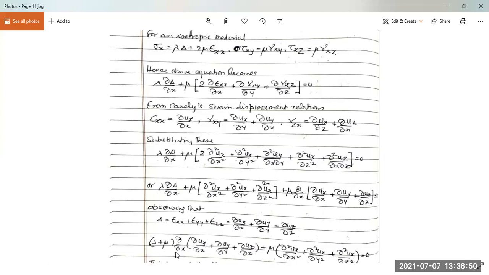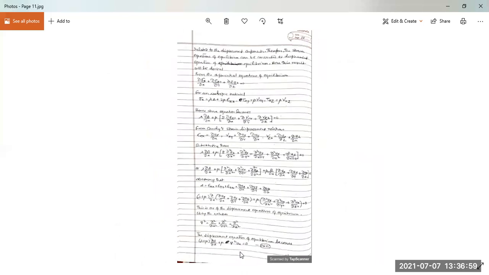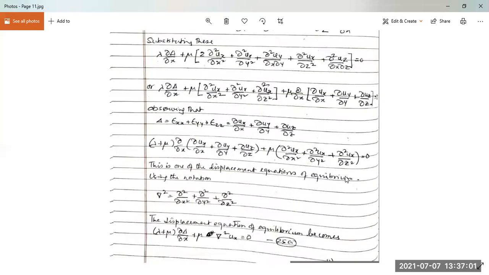So if we add them together, the equation remains the same, and with this the whole equation is equal to 0 itself.